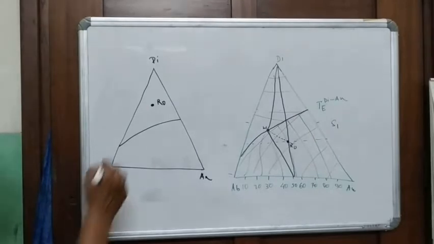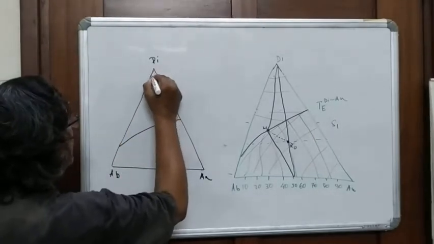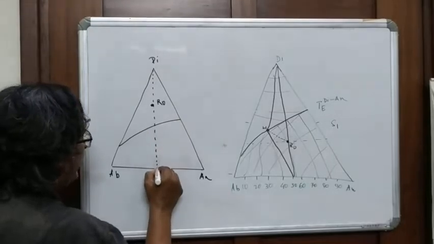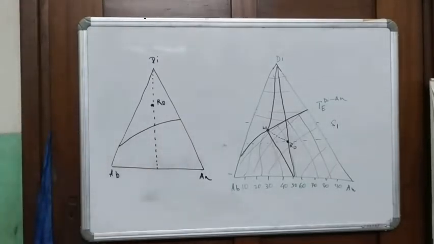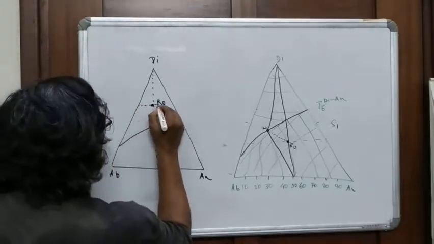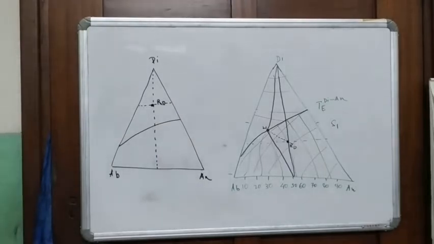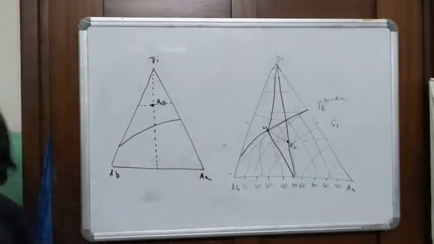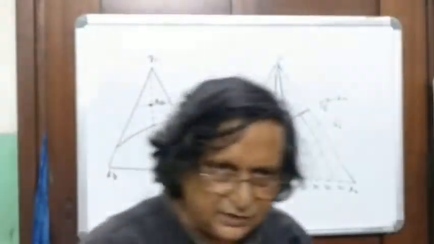So you can see, you take a rock and you join it. So what happens? And you draw a line like this. So you know the composition of the rock in terms of diopside, albite and anorthite, or plagioclase proportion.